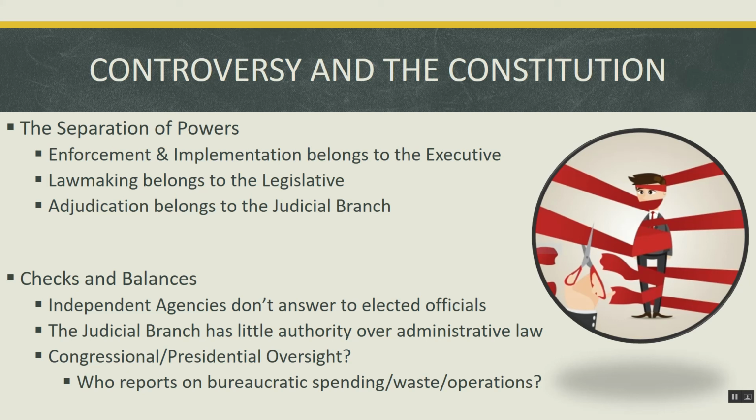Checks and balances is the constitutional principle that in dividing the 3 core functions of government across different branches, you must give each branch some way to check the other branches so that it can protect its own authority and keep those other branches from getting too powerful.